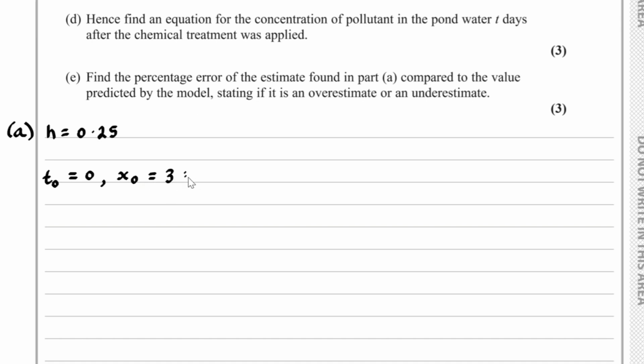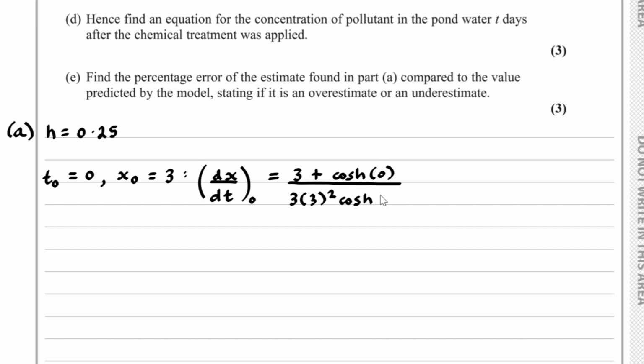And with this we can find out what dx over dt naught is. So we've got 3 plus cosh of 0 over 3 lots of 3 squared lots of cosh of 0.